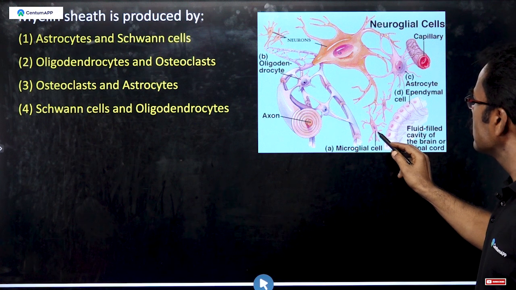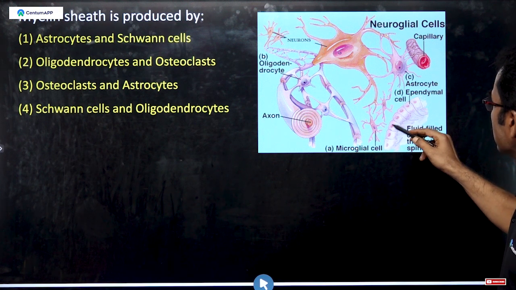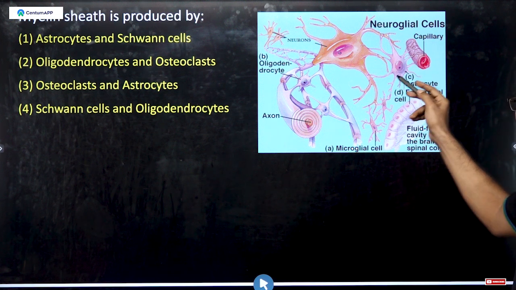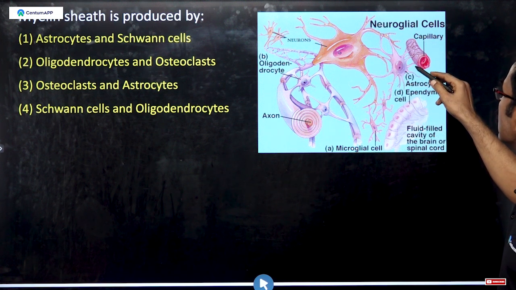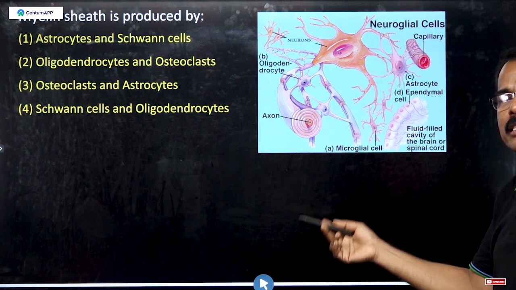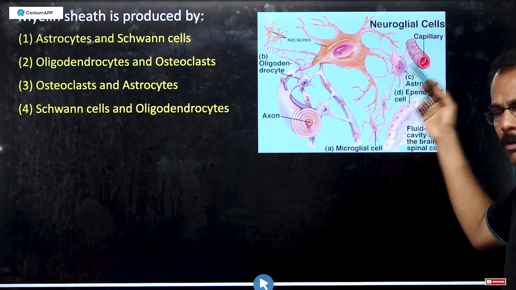The microglial cells help in the connection. Next, astrocytes. Astrocytes also have a connection to the next neuron, which transmits the acetylcholine or neurotransmitter to the other neurons.